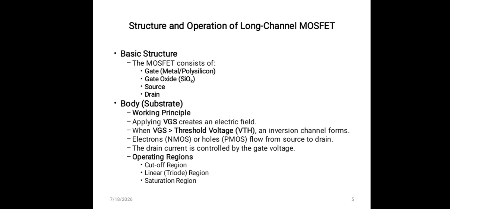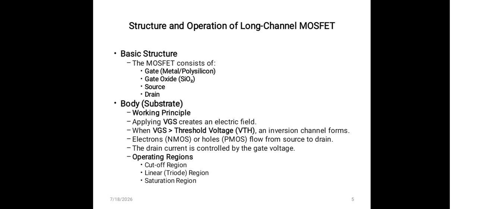When we apply a voltage between gate and source, an electric field is created. If the gate voltage exceeds the threshold voltage, electrons gather beneath the gate in an NMOS transistor. This forms an inversion channel, as we have seen in the MIS structure, with a small positive voltage. This inversion channel connects the drain and source.